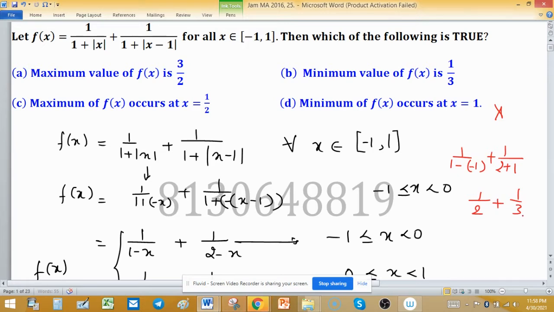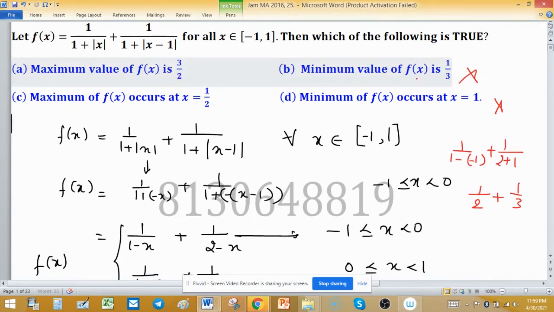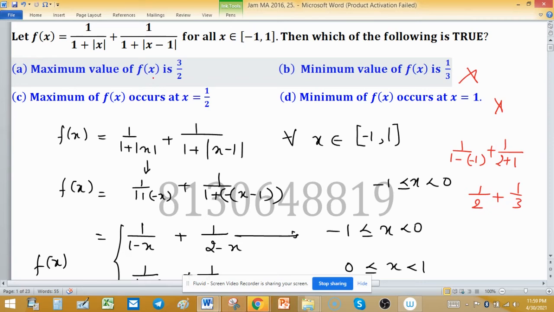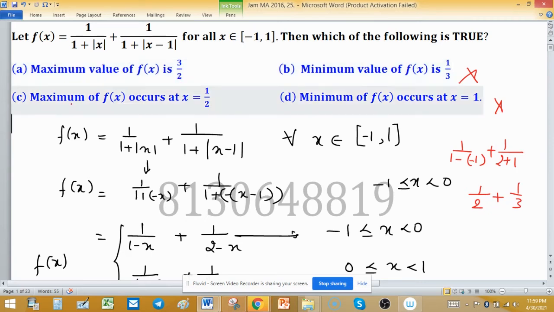This is not true, so the minimum value of f(x) is not 1/3. This is a false statement. We have two remaining options, A and C: maximum value of f(x) is 3/2 and maximum value at 1/2.